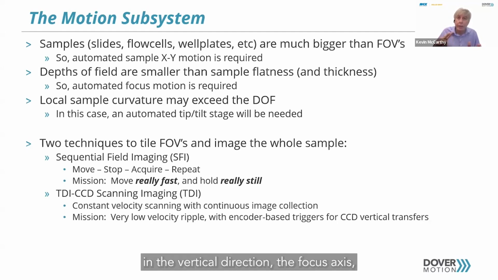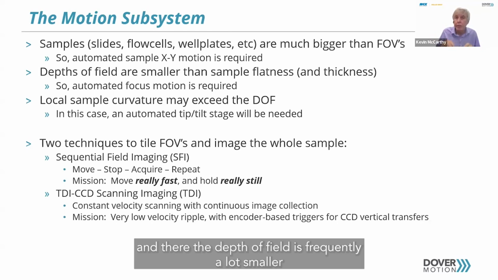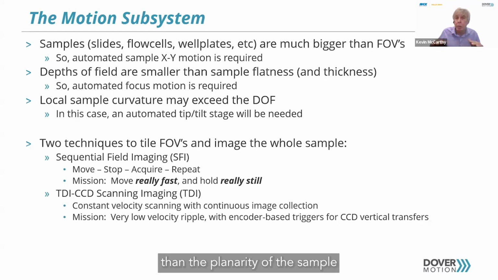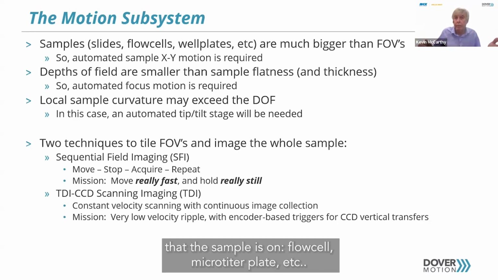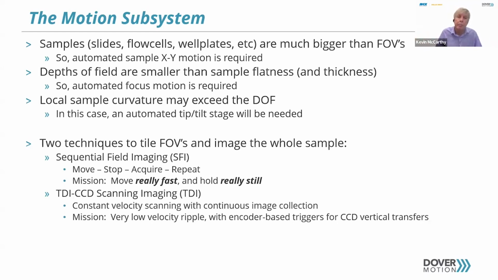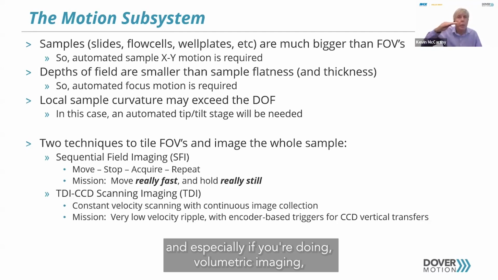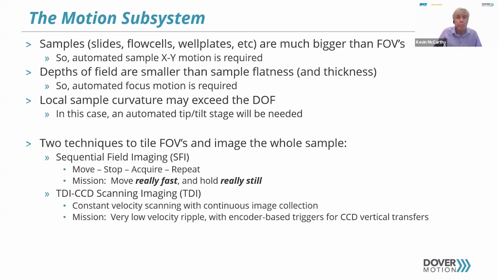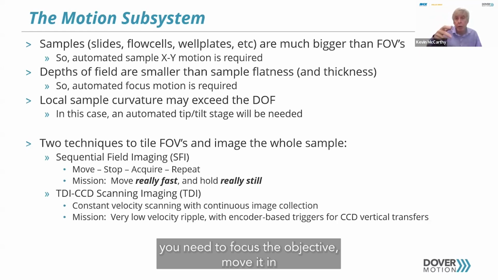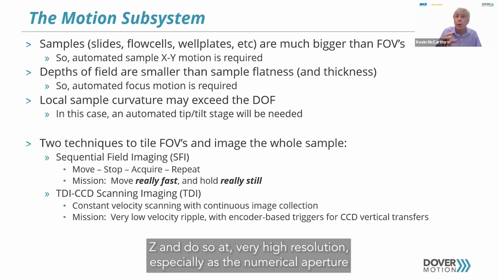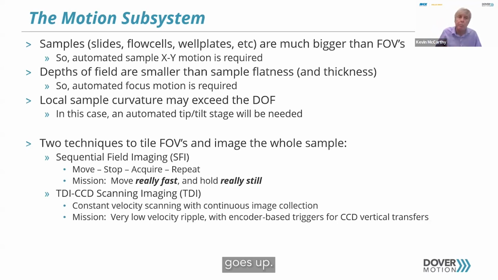Similarly, there's a trade-off in the vertical direction, the focus axis, and there the depth of field is frequently a lot smaller than the planarity of the sample or the curvature of the device that the sample is on: flow cell, microtiter plate, etc. So generally speaking, to be in critical focus, and especially if you're doing volumetric imaging, you need to focus the objective, move it in Z, and do so at a very high resolution, especially as the numerical aperture goes up.